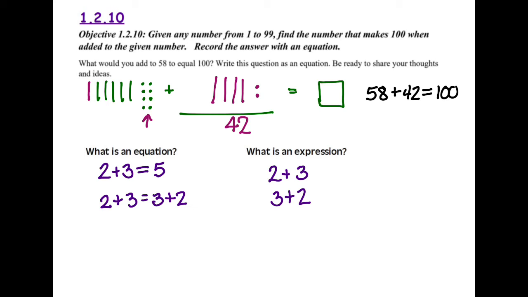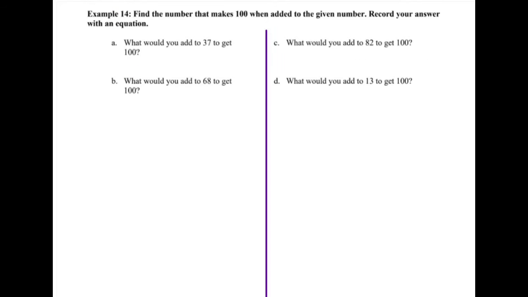There's our equation, okay? Now you get to practice it 4 more times. Here we go. Okay, so let's see what we can do. So A, I'm going to put this down here at the bottom so you can see it better. So 37. What do we want to add to it to get 100?